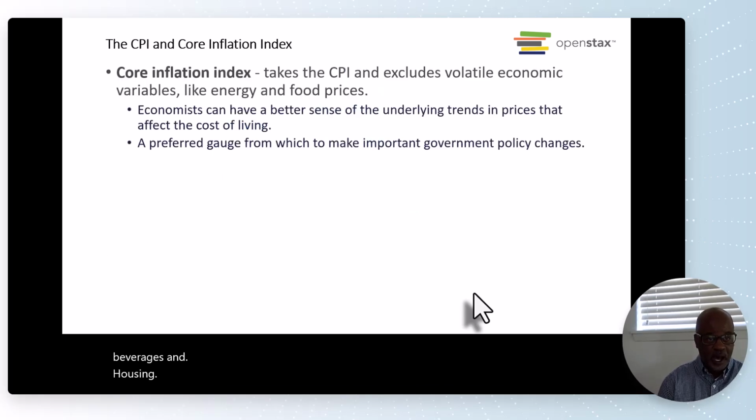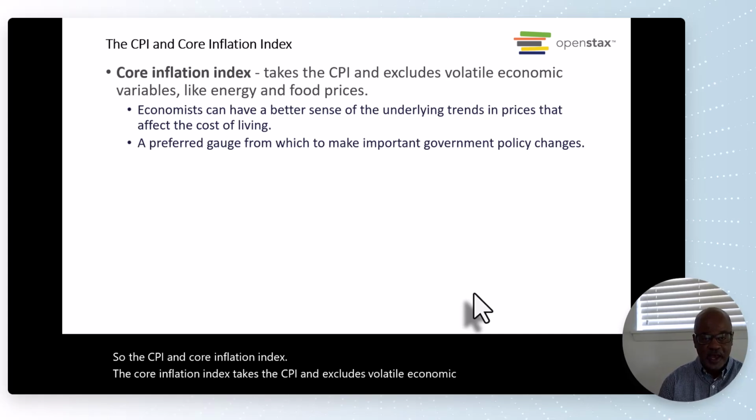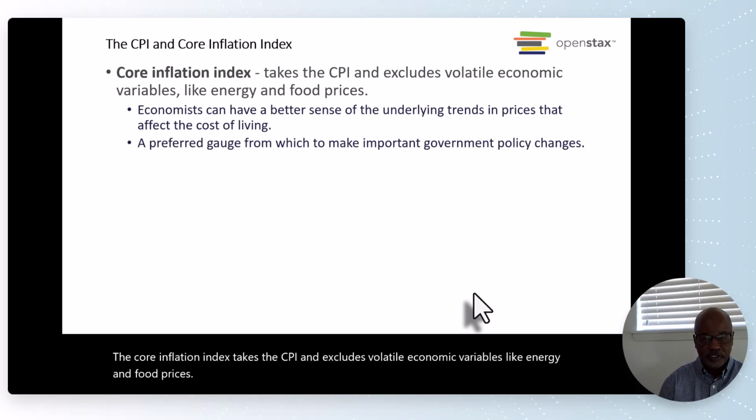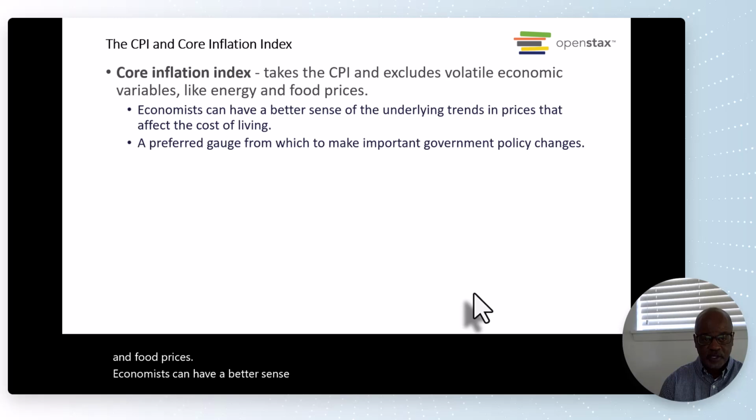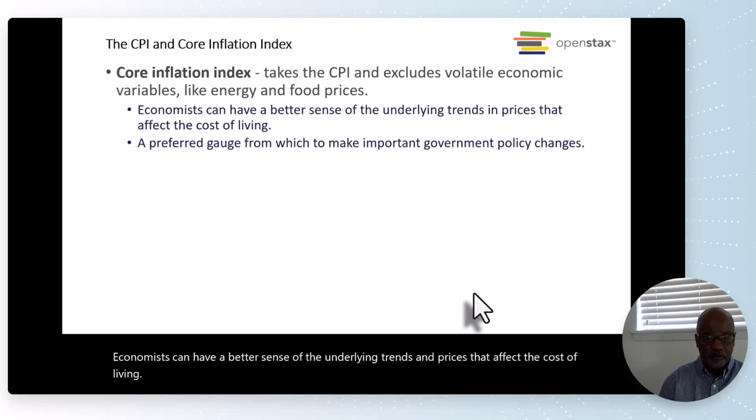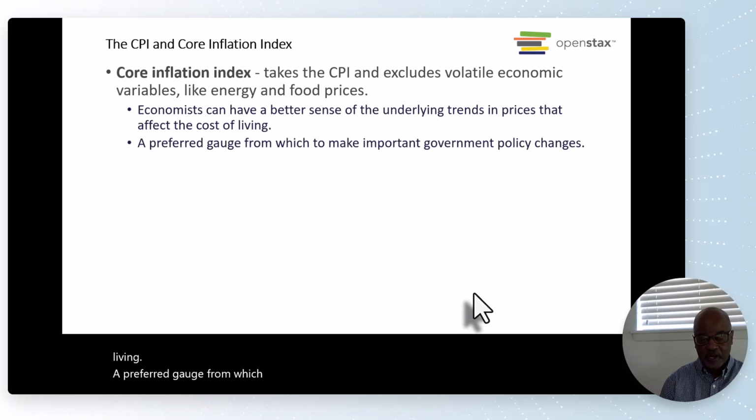The CPI and the core inflation index. The core inflation index takes the CPI and excludes volatile economic variables like energy and food prices. Economists can have a better sense of the underlying trends in prices that affect the cost of living, a preferred gauge from which to make important government policy.